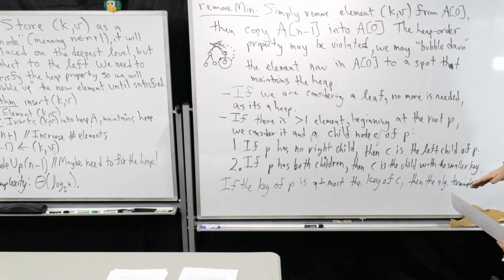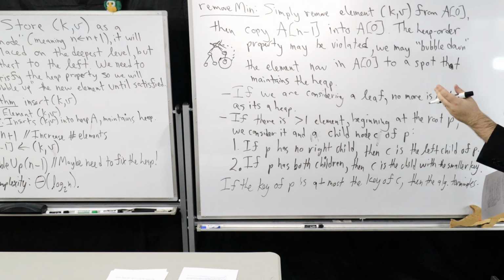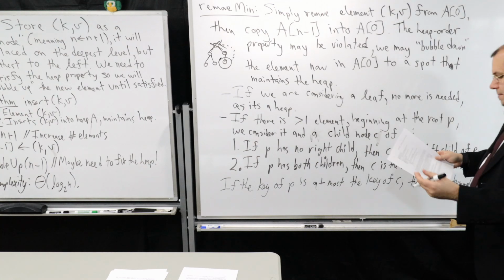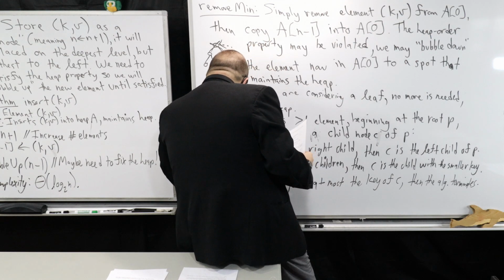Well, if I found a place where the smaller of the two keys is at least my current one in my parent, then if I look immediately below it, the key's value is in fact larger, or it could be equal to my current one. So if I get here, then we're okay. Otherwise, we're going to do the swap.